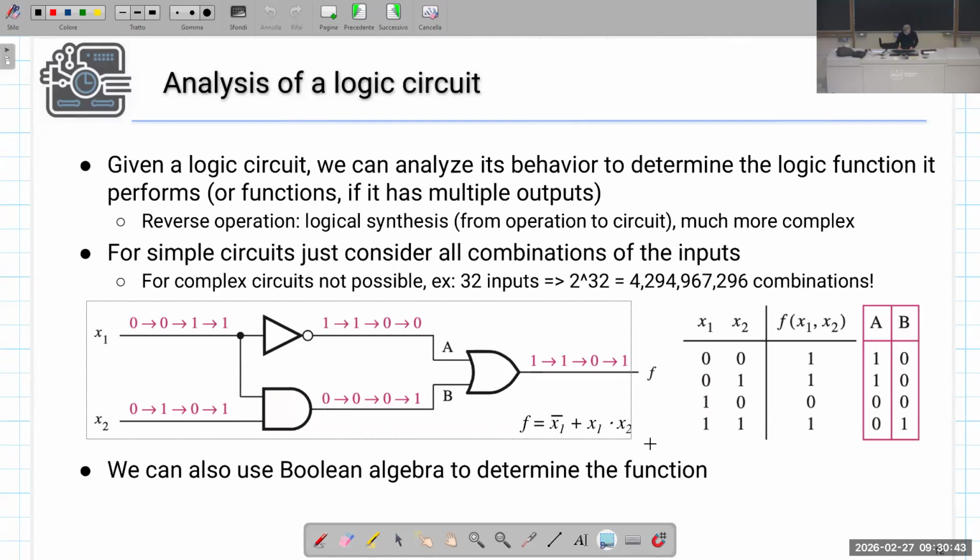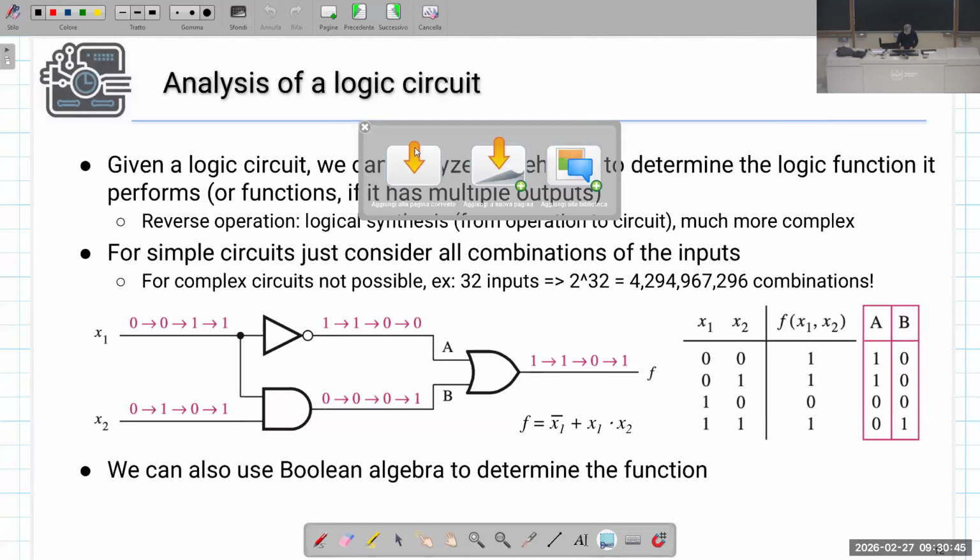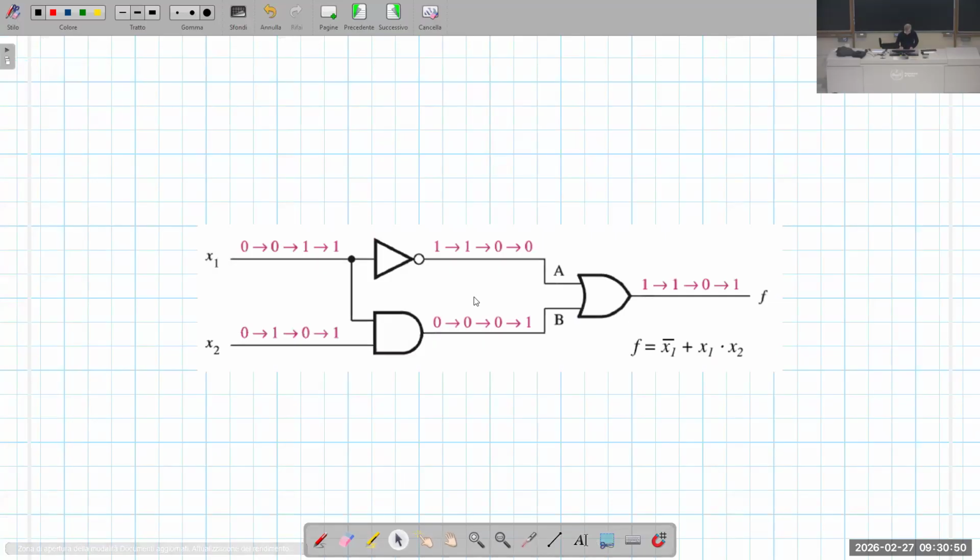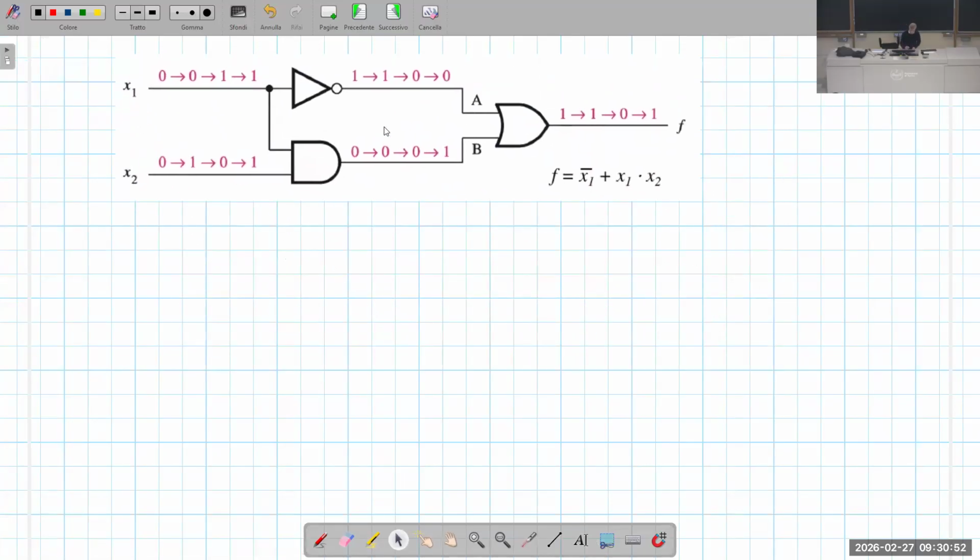So if we have a circuit composed of an AND gate, an inverter, and an OR gate connected in this way, we want to analyze the behavior of the circuit.